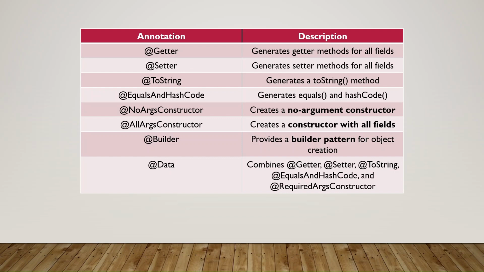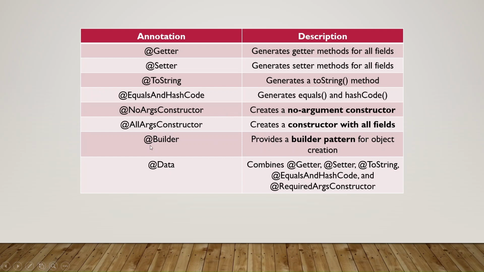We have @EqualsAndHashCode to write equals and hashCode. We have varieties of constructors: @NoArgsConstructor, @AllArgsConstructor, and one more annotation called @RequiredArgsConstructor, which covers the required arguments.